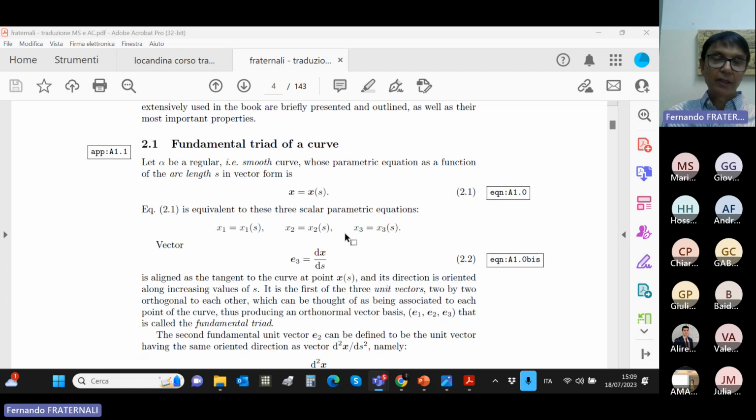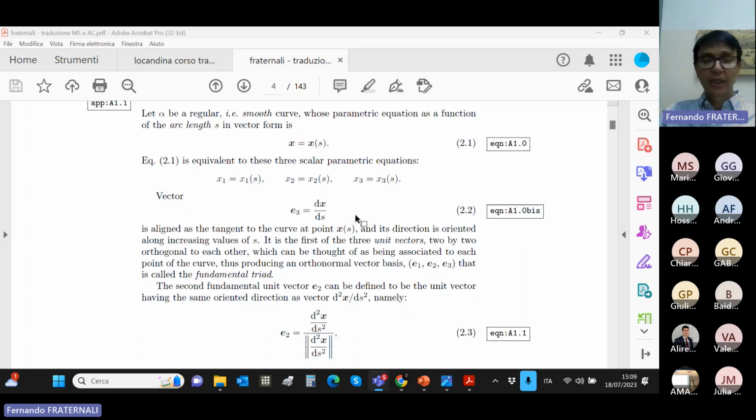This vector is a unit vector because the parameterization that we are choosing is exactly the arc length. So in the limit, the vector dx has a norm equal to ds, and the vector is tangent to this axis line alpha. This is the first vector of the triplet that we will use extensively during the course.